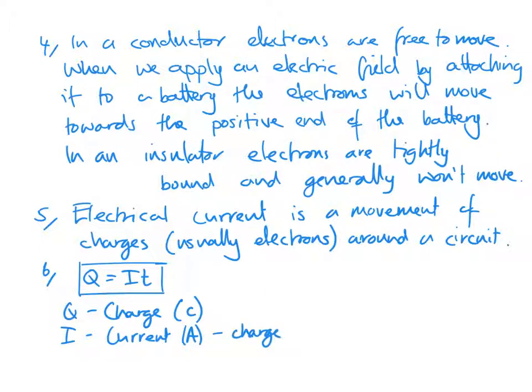And it means charge per second. The numerical definition of current is the charge passing a point in each second. So T is the time measured in seconds.